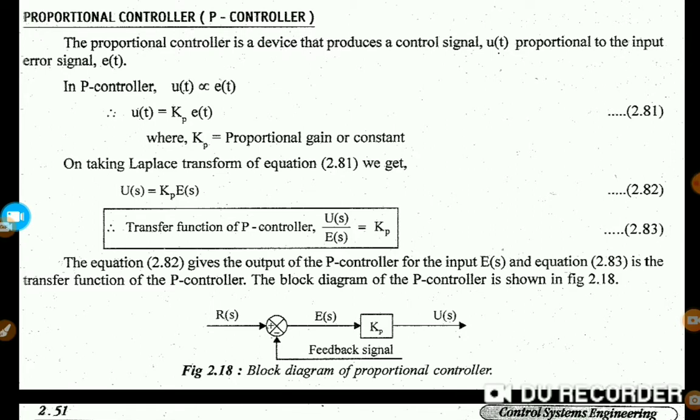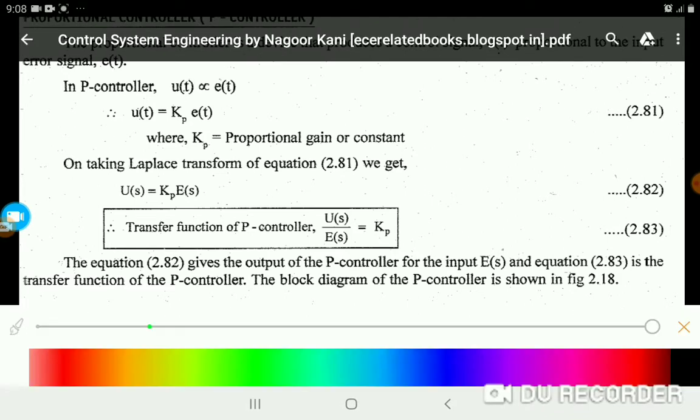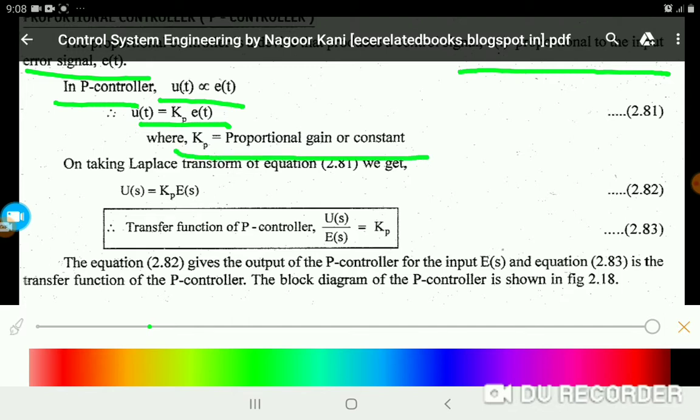Let us consider u of t is proportional to its input error signal e of t. Means in a P controller or proportional controller, u of t is proportional to e of t. Make it an equality by introducing a proportionality constant Kp. So here Kp is a proportional gain constant.